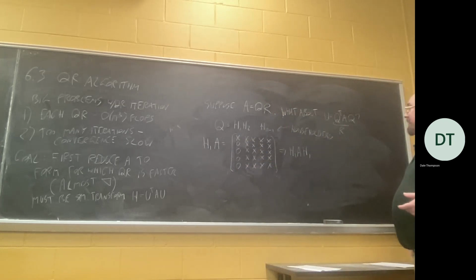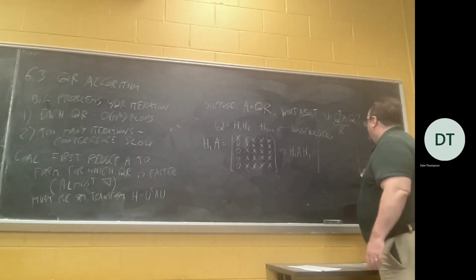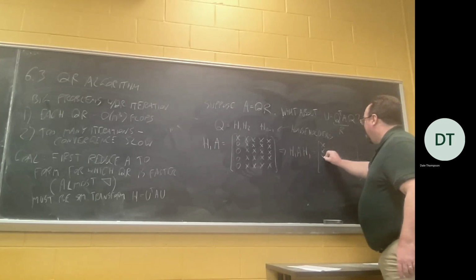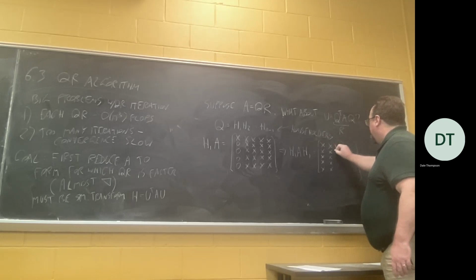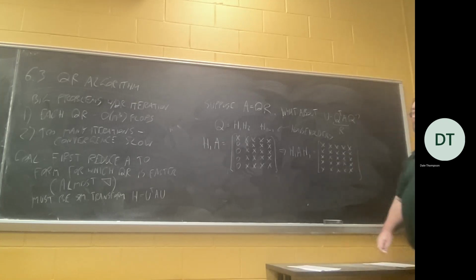So if I multiply by H1 on the right, that's going to affect all columns. So all that work I just did to zero out a portion of the first column of A, well, I'm back where I started. So I stepped on my own toes.